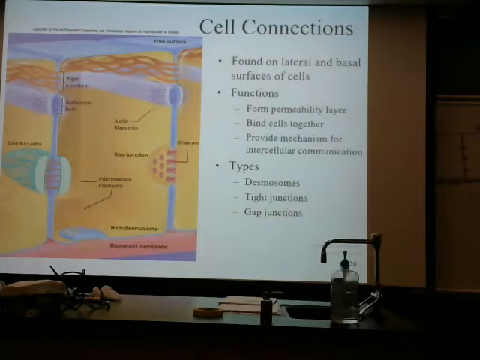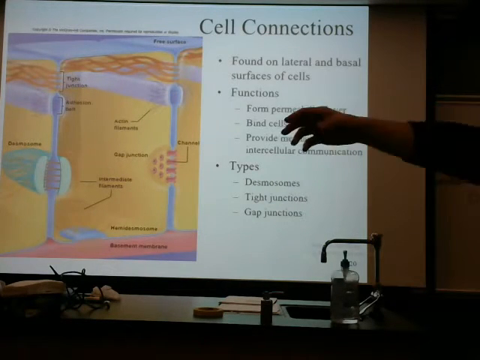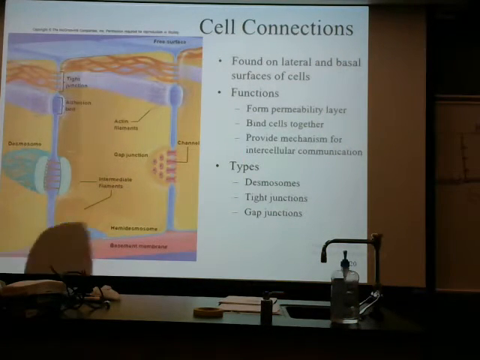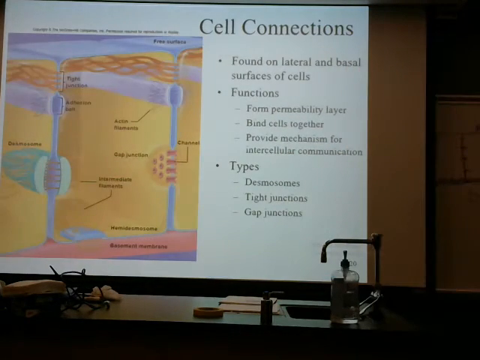Okay, so let's go back to a picture of the different cells. And when we're looking at these cells, the connections that are going to be present can be found on the lateral and the basal surfaces.